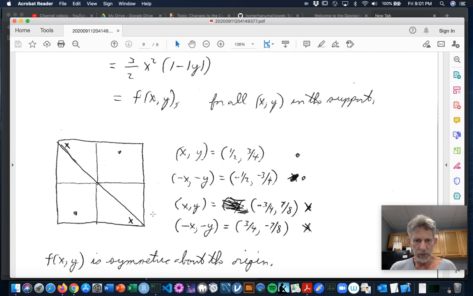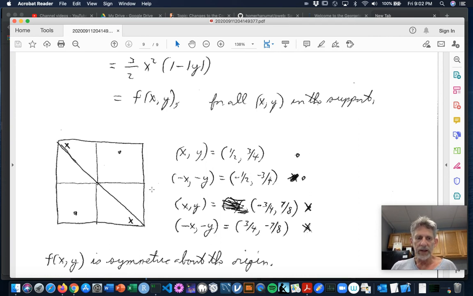Try another example. What if x, y is negative 3/4, 7/8, which I marked with the point up here? The opposite point is down here. And again, if I drew a straight line through the origin, after traveling the same distance to the origin and then from the origin, I would arrive at the opposite point.